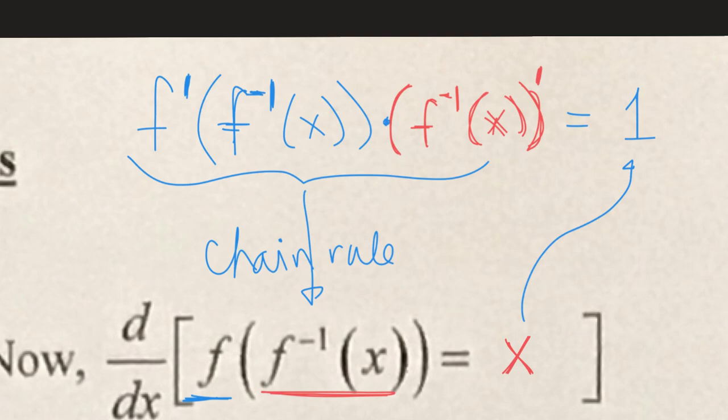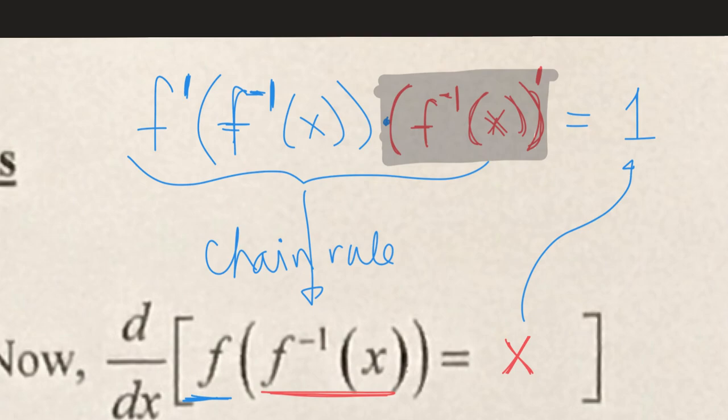So if we were going to solve this equation for this, since we're talking about the derivative of the inverse, that's this part of your equation. Here's your derivative part, the prime. Here's the inverse part. How do we get rid of the left part of our multiplication? We undo multiplication by dividing.